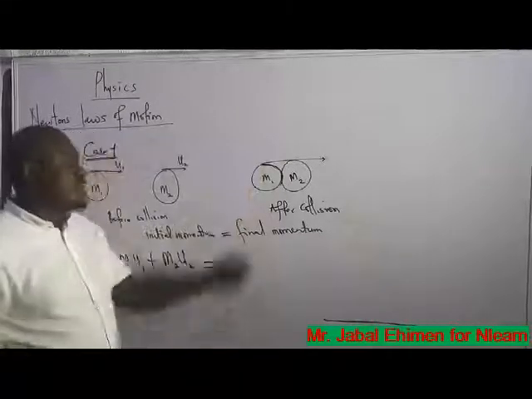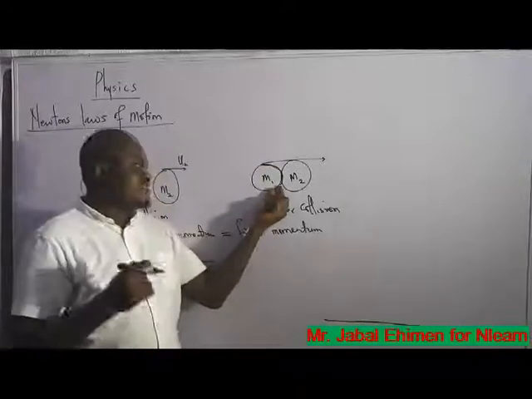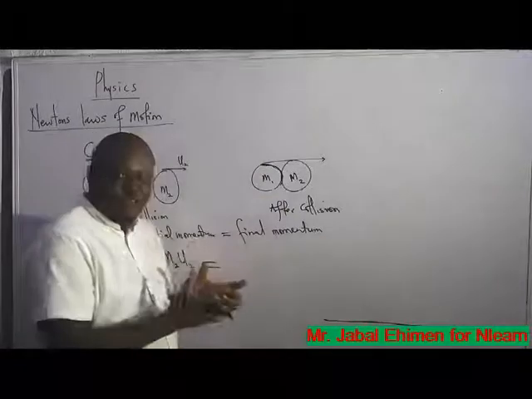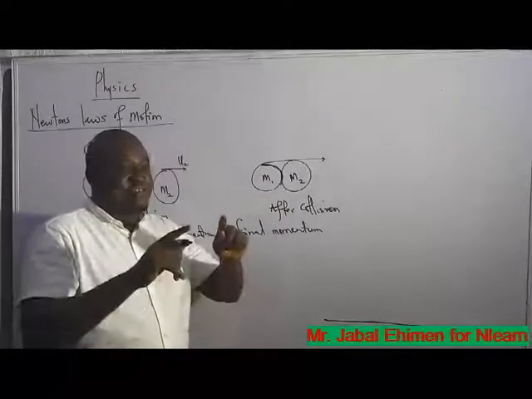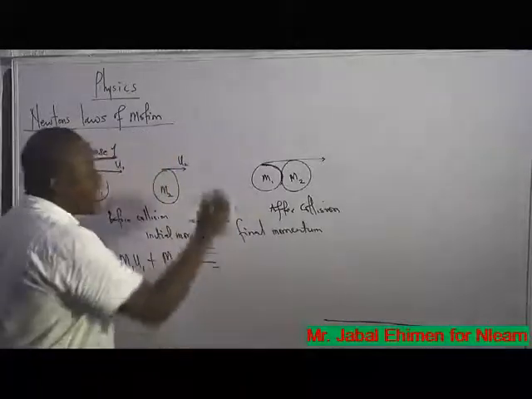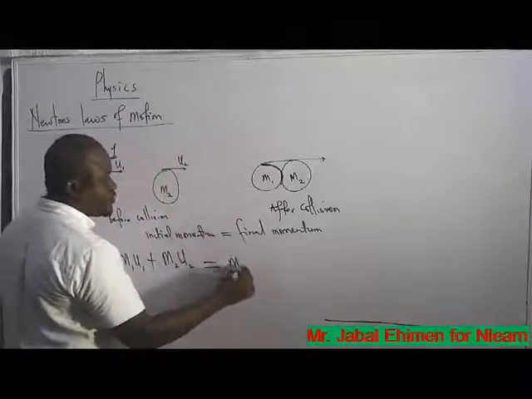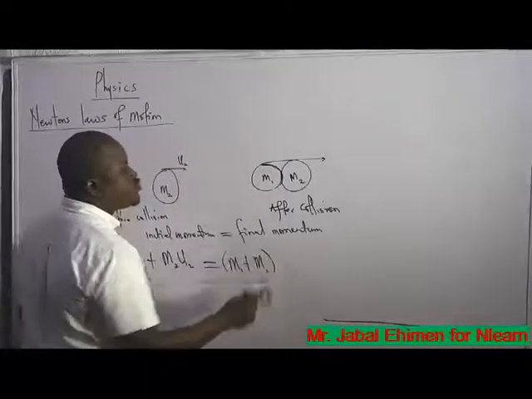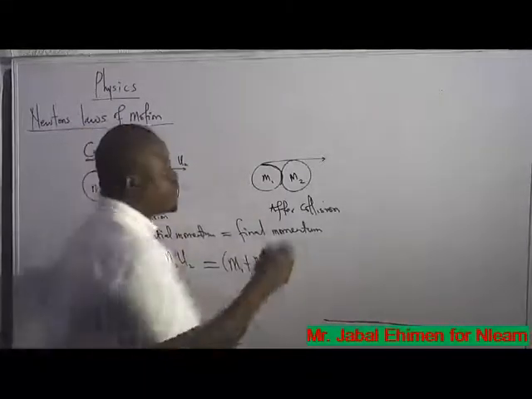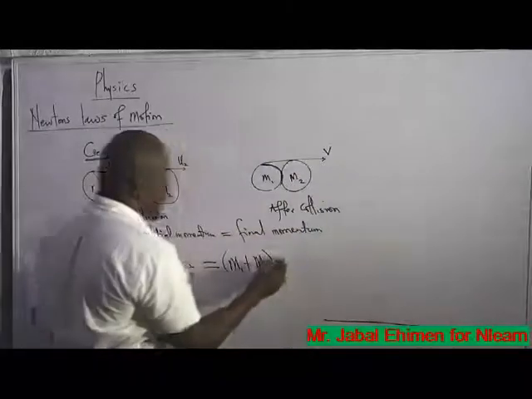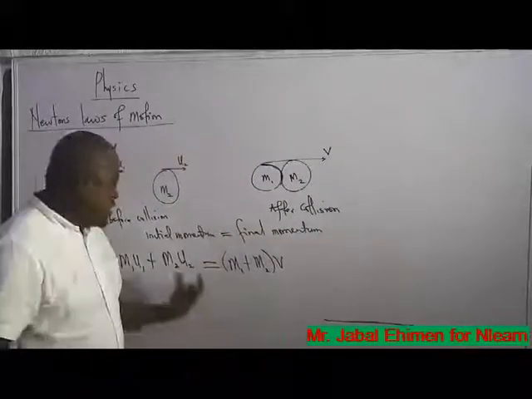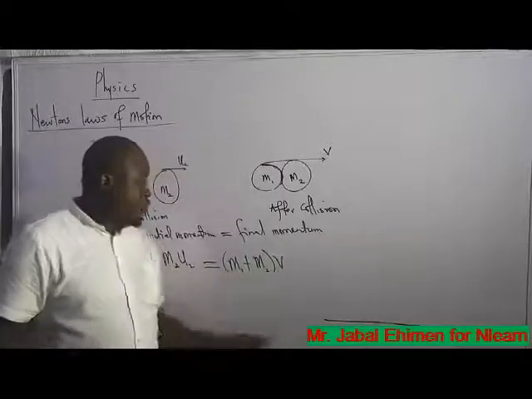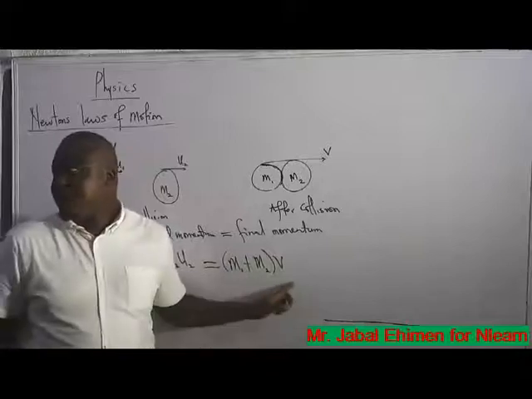Now these two bodies are stuck together. So because they are stuck together, that is inelastic collision. You consider them as one entity. So we'll have m1 plus m2. But this time they move with one common velocity, and that velocity is v. So sum of initial momentum is equal to the sum of the final momentum, which is m1 plus m2 into bracket v.